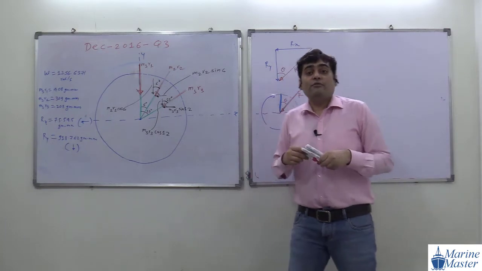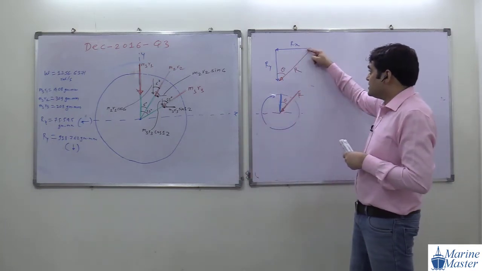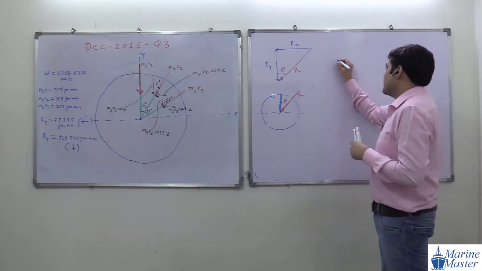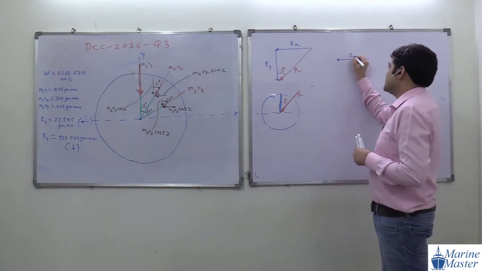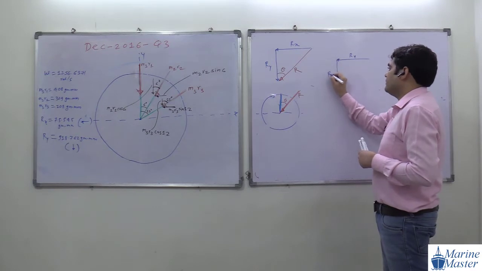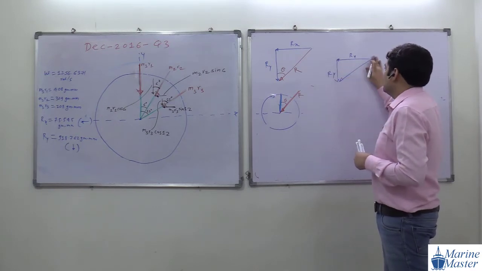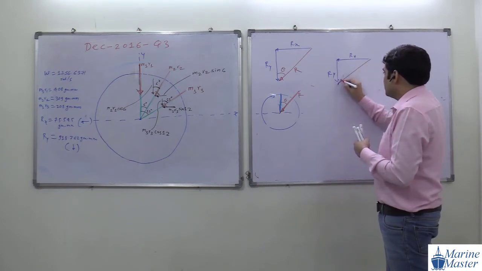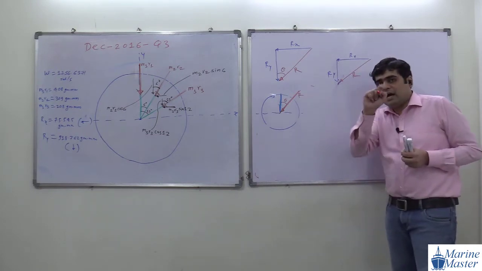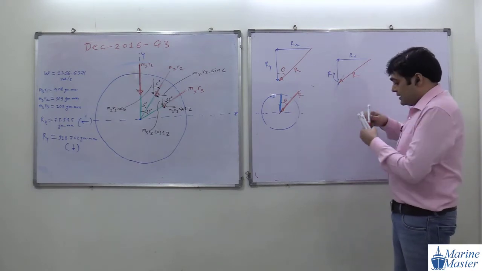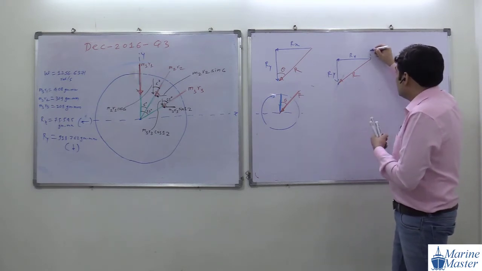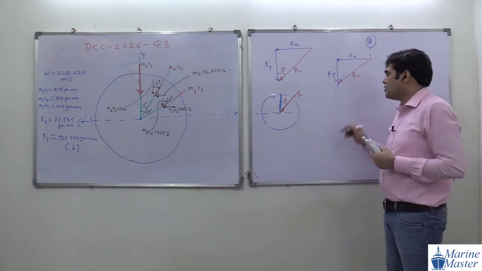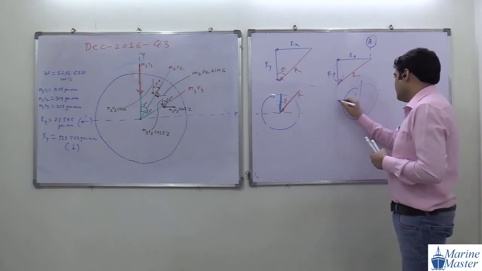In the earlier questions we considered theta with respect to this. If you remember, suppose this is Rx, this is Ry, and this is our R. In that scenario, suppose this is mass A, and this is our disc.